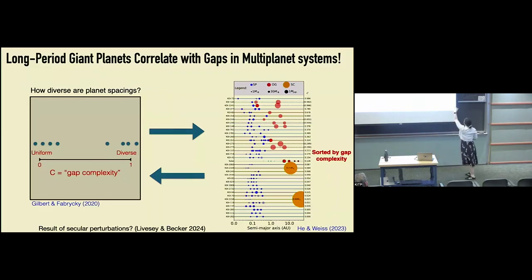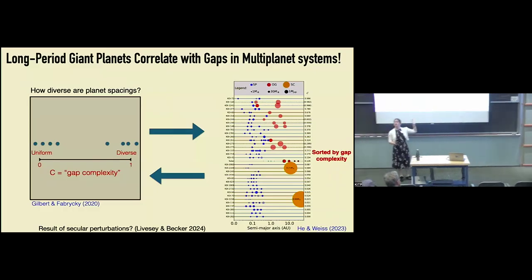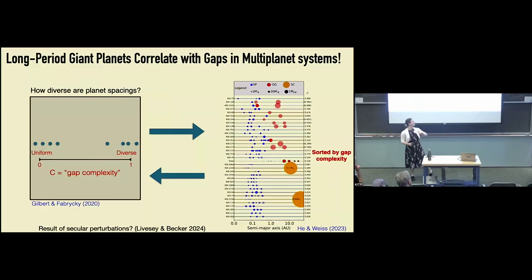And it's only once you start getting to gap complexities of like 0.3 or so among the inner transiting multi-planet systems that it becomes a strong, but you're right, not perfect predictor, because for some of these we didn't find a giant planet. But still, for more than 50% of them, we did. Whereas the a priori occurrence of these giant planets is like 15%.